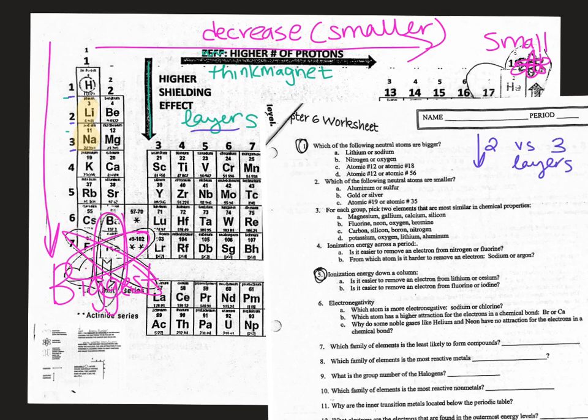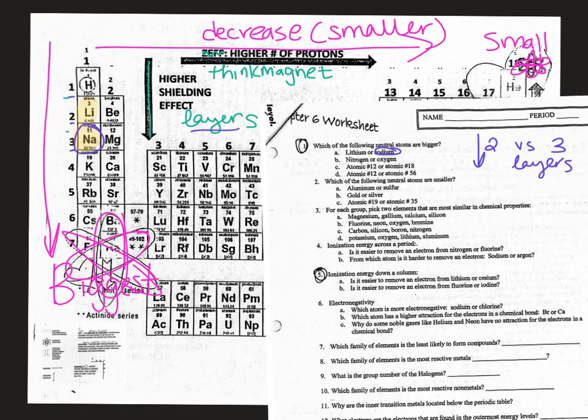So now that we know that we're looking at 2 versus 3 layers, hopefully you can already figure it out in your brain that the 3 is going to be the bigger atom. The other way to be thinking of that is that you can say, okay, which one is closer to this corner down here where we've said this is where the biggest atom is? So out of lithium or sodium, sodium is closer to being on the bigger corner.